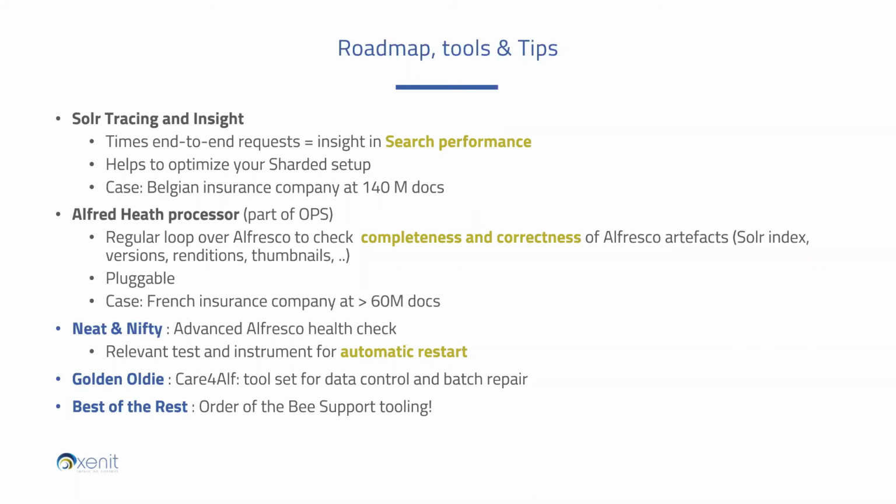Some neat and nifty tools are the advanced Alfresco health check that we're building. The idea is that the whole ops stack can monitor the health in a very relevant way. So if one of the nodes of your cluster is not running anymore, you will automatically restart it. Very often, that is the short-term solution to an operational problem.